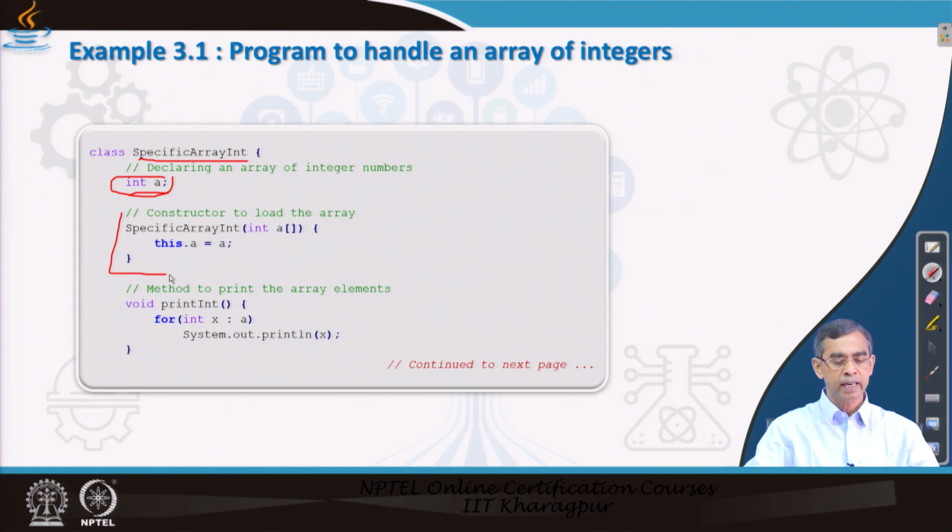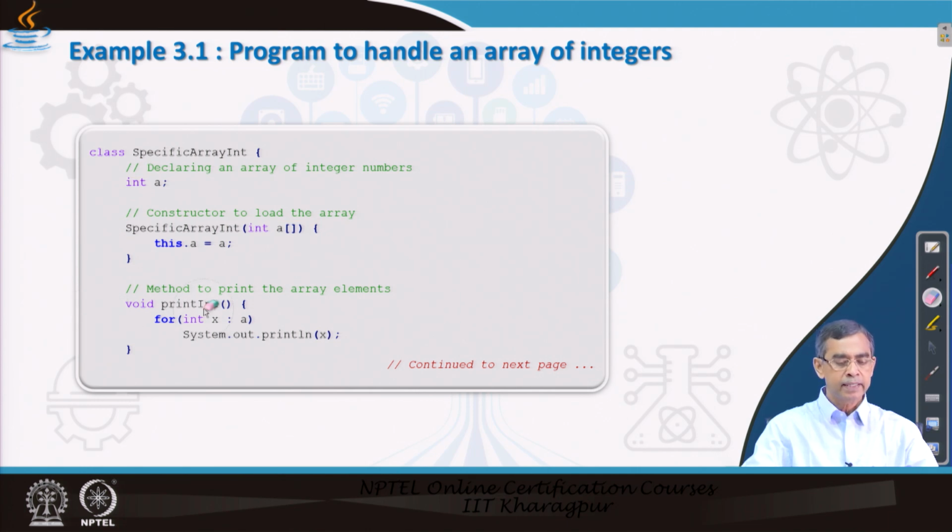This is the constructor: we will pass to this constructor an array of elements and it will initialize this array. So, whatever array is passed to this program will be initialized to this one. So, this constructor is to be defined here.